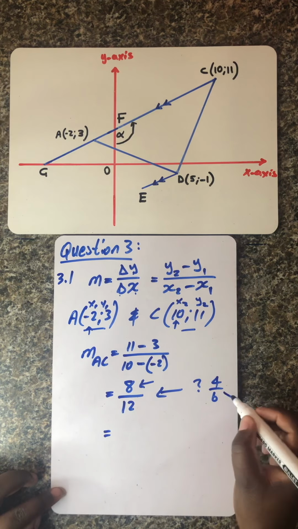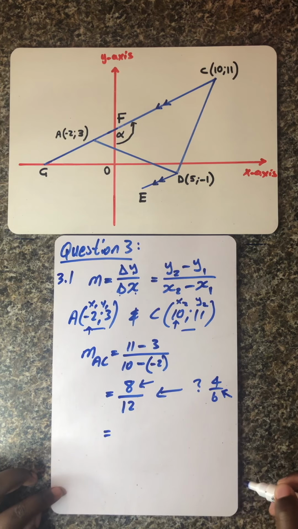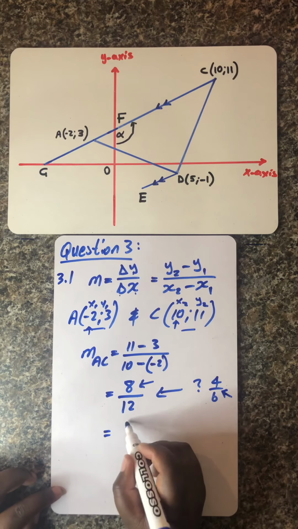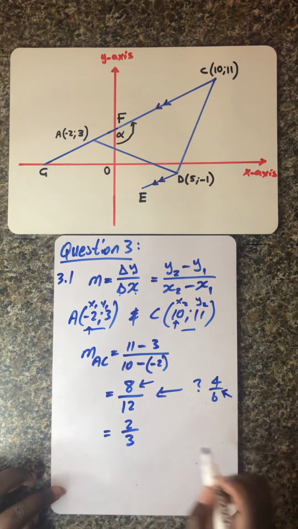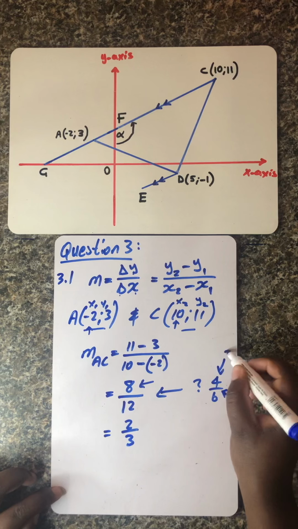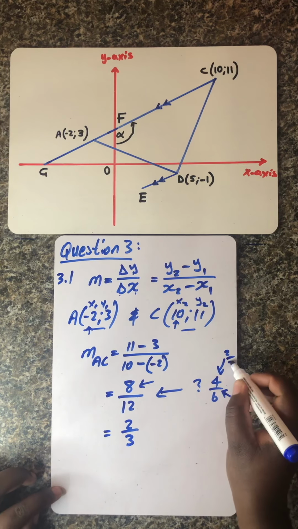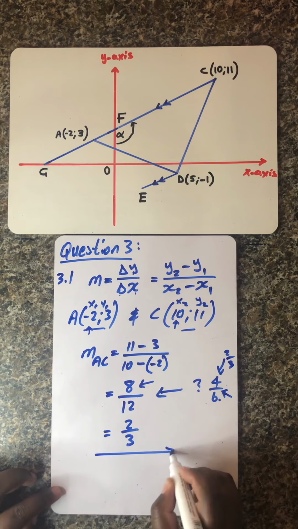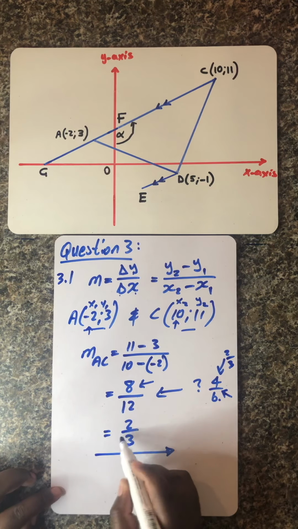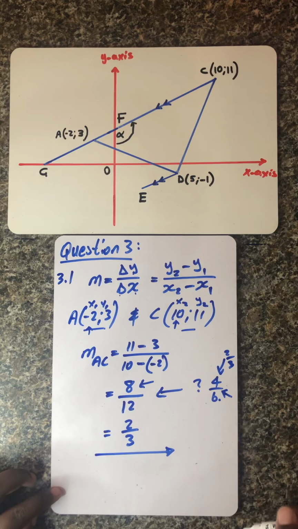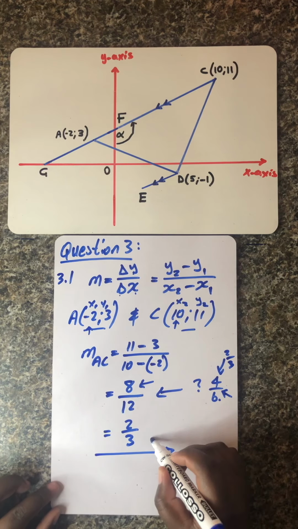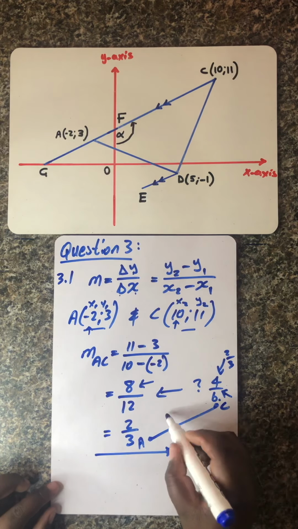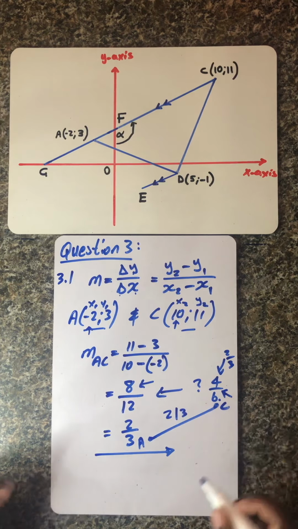So we'll still need another common factor that goes into those 2, which is still 2. Then it goes 2 times and 3 times. So that means 2 goes 2 times into 4, and it goes 3 times into 6. Okay, so that means your final answer in the simplest form is 2 over 3. So the gradient of line A to C is equal to 2 over 3.